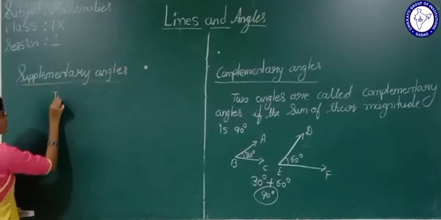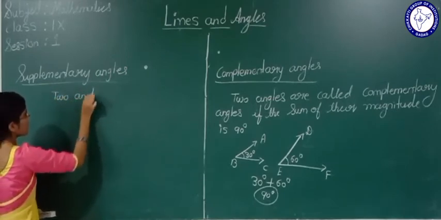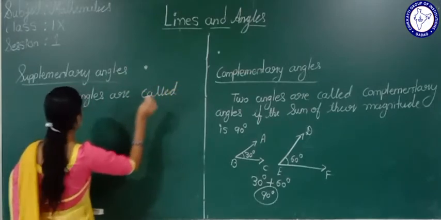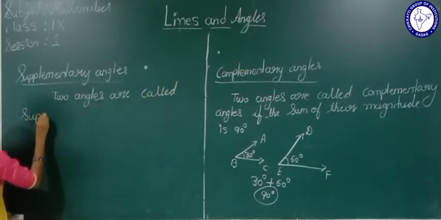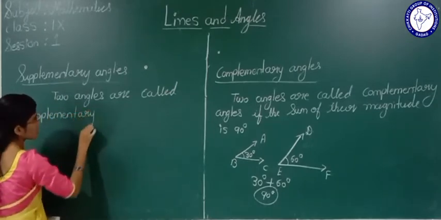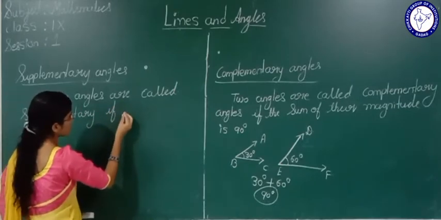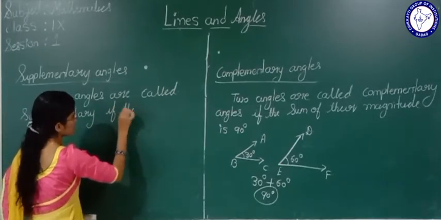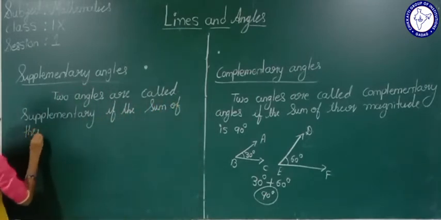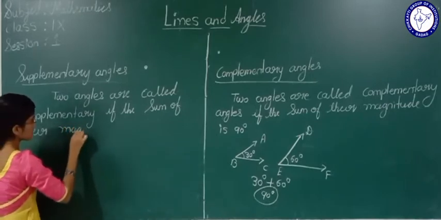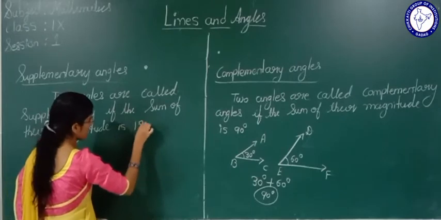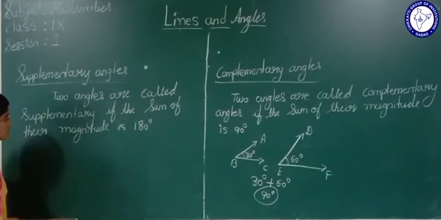See, two angles are called supplementary angles if the sum of their magnitude is 180 degree. Okay, now we will see.